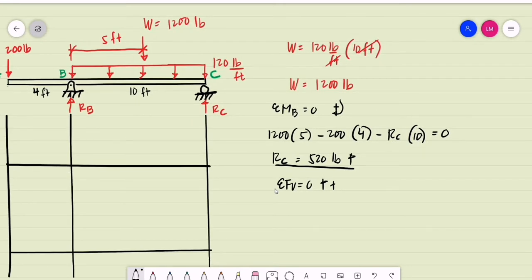So we have the reaction at point B plus the reaction at C, that is 520 pounds, minus 200 minus 1,200, the downward forces, equal to 0.